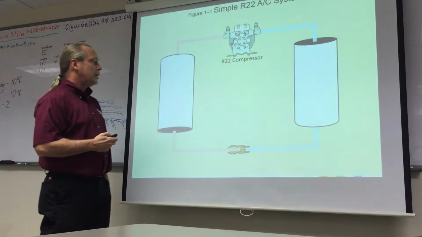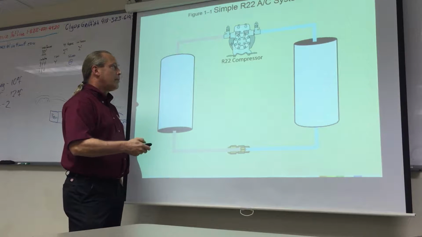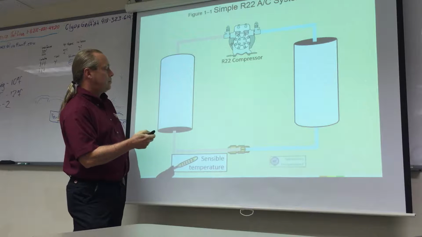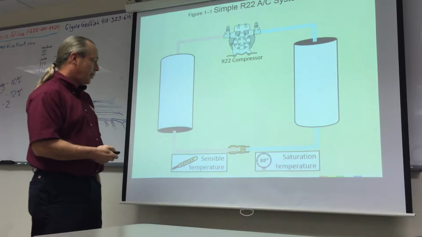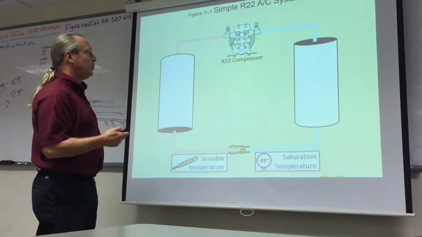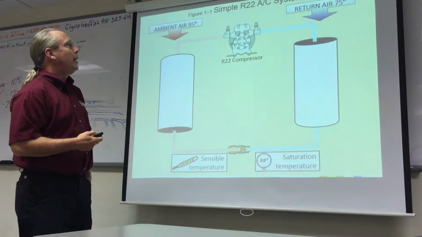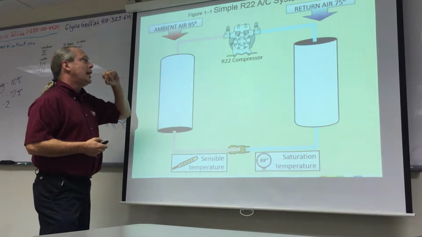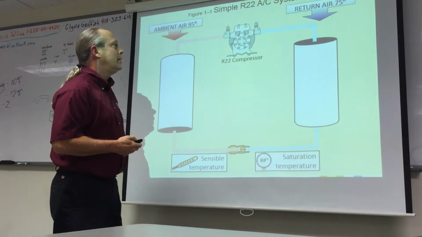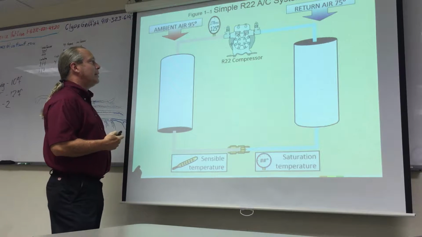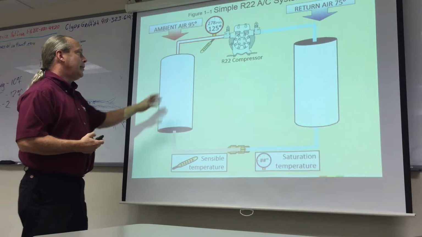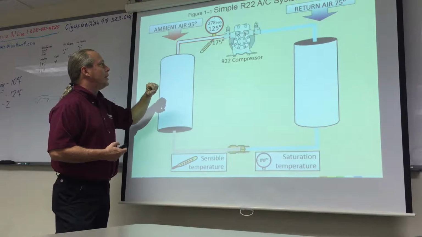So here's our compressor. We don't have a saturation temperature or pressure yet, but our ambient air is 95 degrees, our return air is 75 degrees. And here we finally defined this as our condenser.